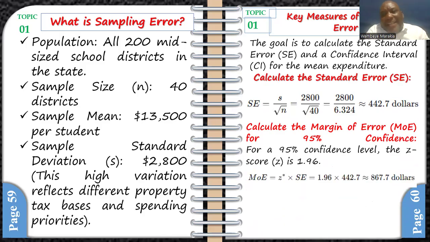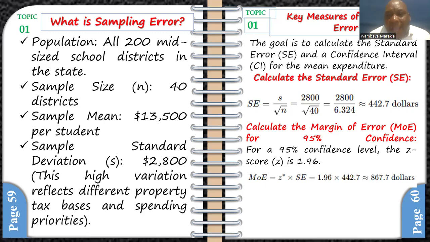Now, to calculate the margin of error, MOE, we take a 95% confidence level. The Z-score at this level is 1.96. So we take the Z-score times the standard error. Here, 1.96 times the standard error, 442.7, you get $869.7.